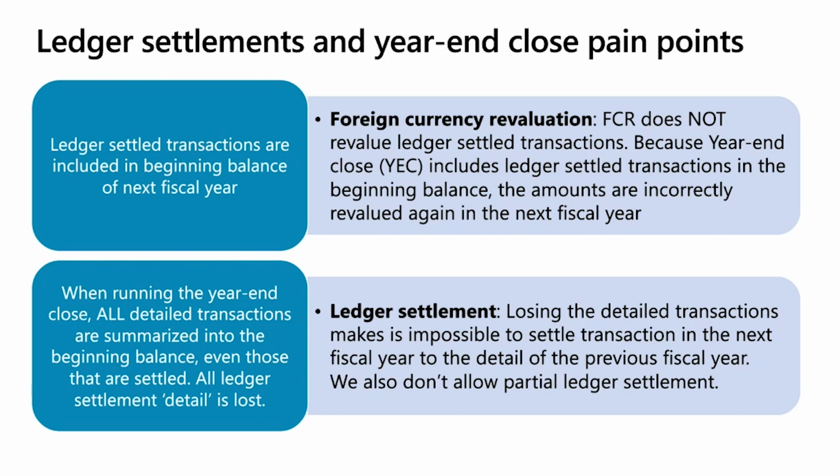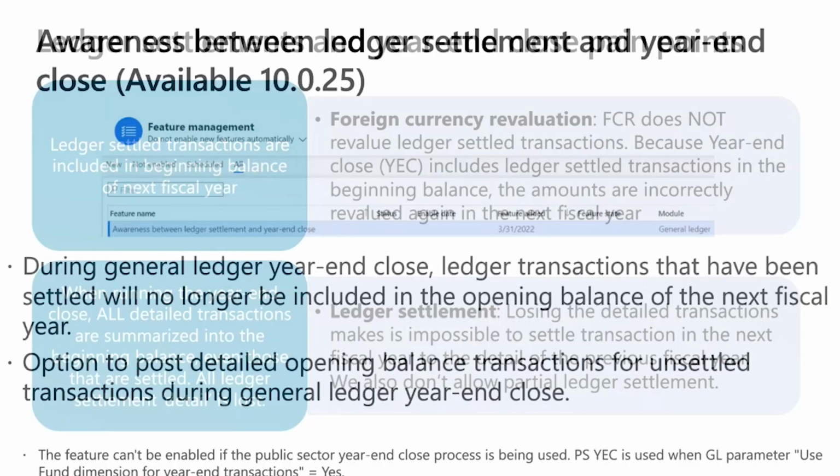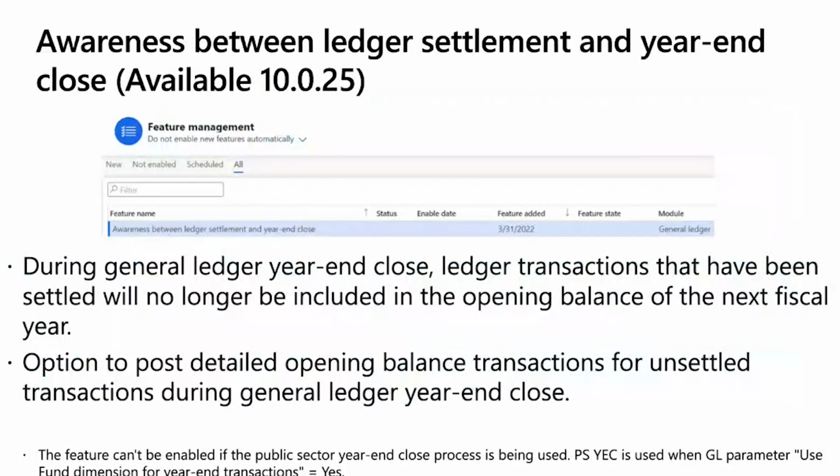ledger settlement. So to solve these problems, we've introduced a new feature in 10.0.25 called Awareness Between Ledger Settlement and Year-End Close. Now, when you enable the feature, there's 2 primary changes.